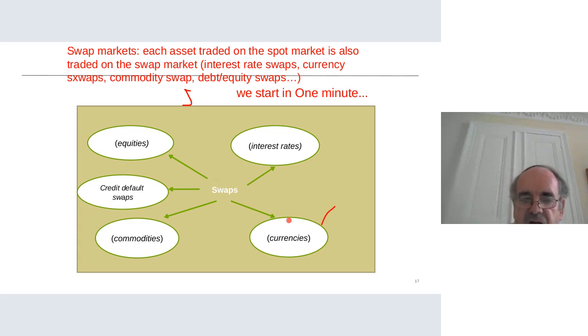Yes, currency swap. It's the same as interest rate swap, except that the flows in interest rates are in different currencies. You exchange interest rates in 2 different currencies. Let me give you an example.